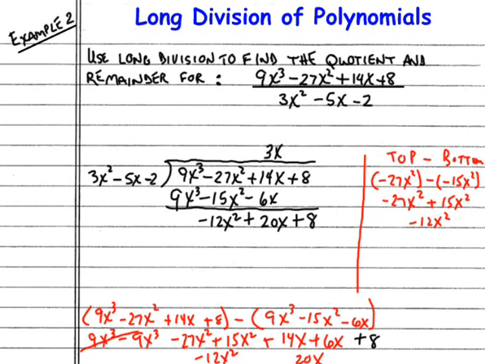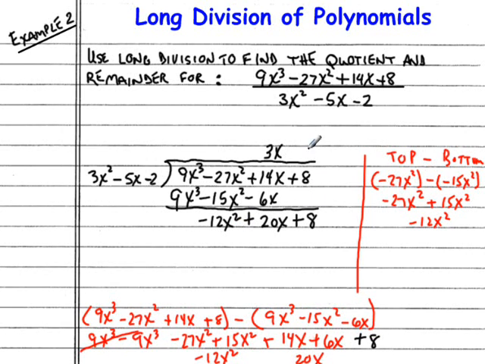So let's continue now. We decide whether to stop or not, and in this case the degree of the remainder portion is not smaller but equal, so that means we continue with our division. So we ask the question, what do we multiply the 3x squared by to create negative 12x squared? And of course that would be a negative 4.